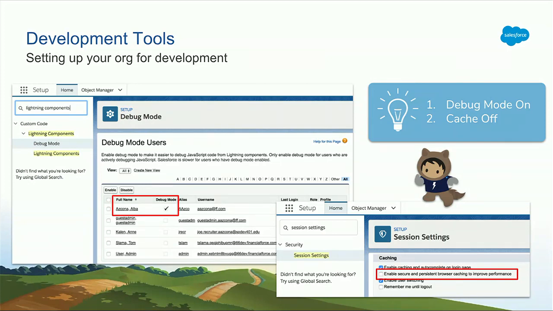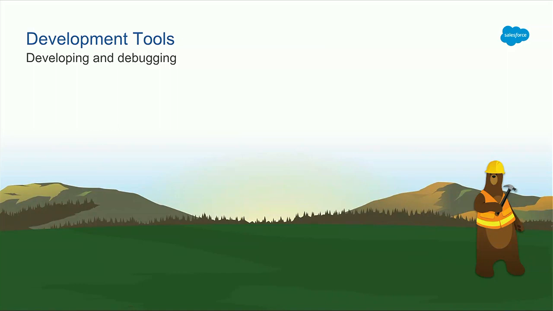Now it's time for knowing the tools we can use for developing and debugging. Of course, you can use any IDE you like, but Salesforce's recommendation is to use Salesforce DX and Visual Studio Code. And this is not a Salesforce whim, all right? This is because Visual Studio Code, Salesforce DX, and Lightning are fully integrated.